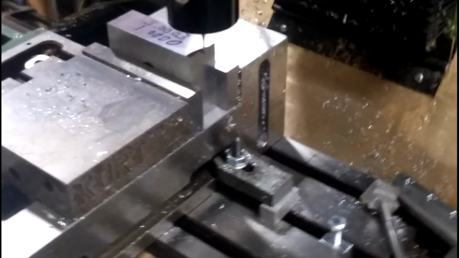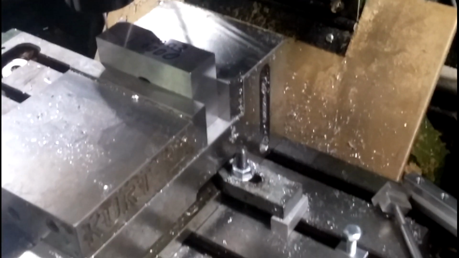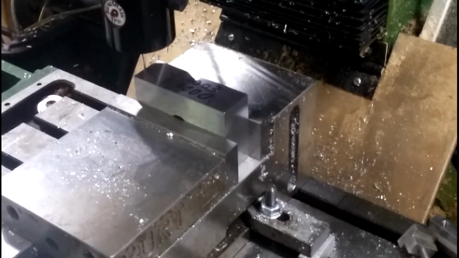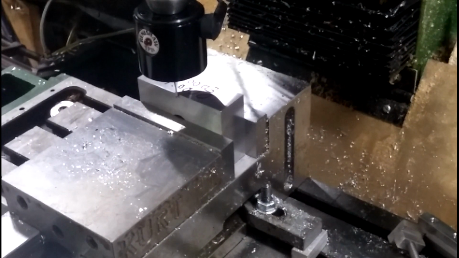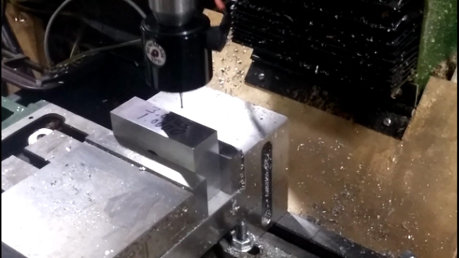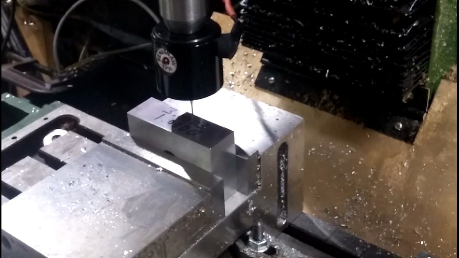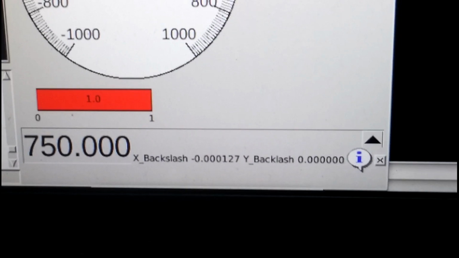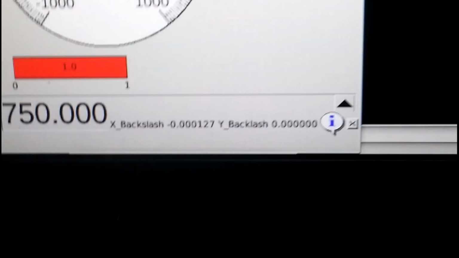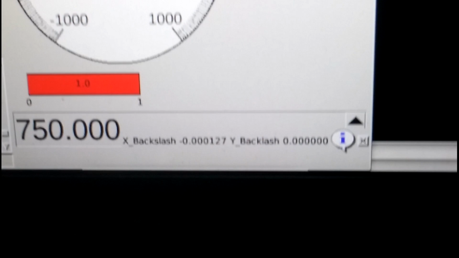You see I wrote on top of it what I actually measured the 1, 2, 3 block to be. So that's what LinuxCNC is using to calculate the difference for backlash. And now, if we look at this, backlash is 1/10 in the X and 0 in the Y. So I'm pretty happy with that. Now, if that actually is correct in the real world, let's run this one more time.